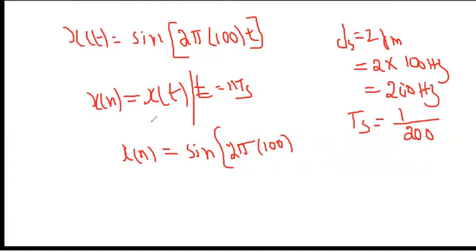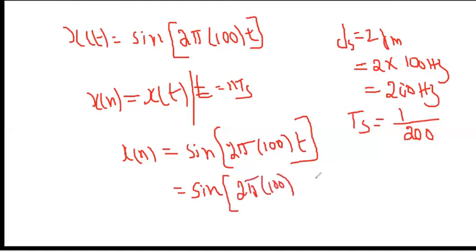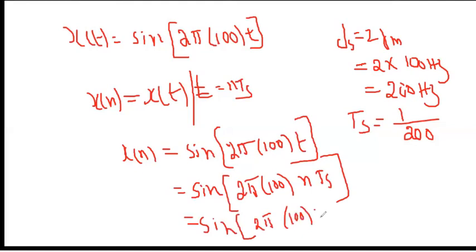So with fs we got x of n, the discrete function. The t value can be substituted as n into ts, so that is equal to sine 2 pi into 100 n ts.